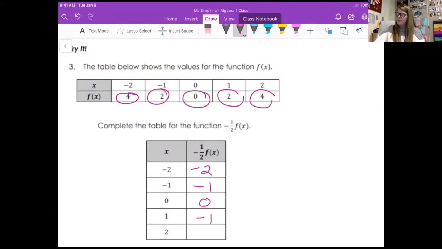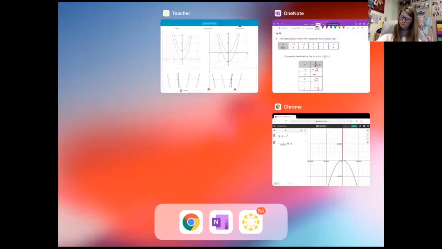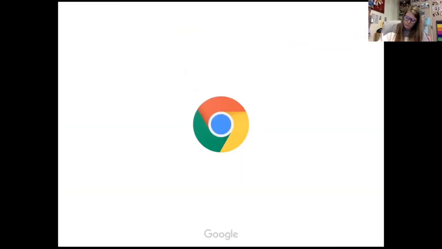And 4 times -1/2 is going to be -2. All right, I'm going to show you guys a picture of this if it were graphed real quick.